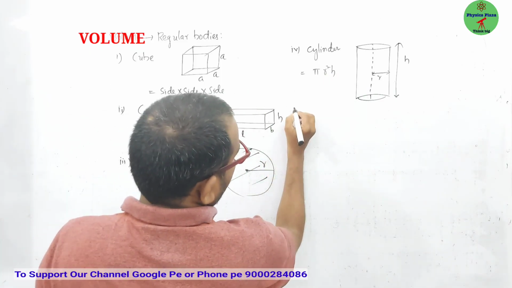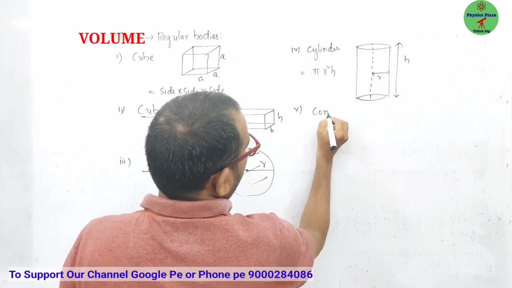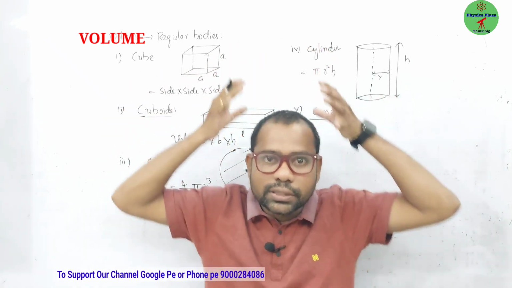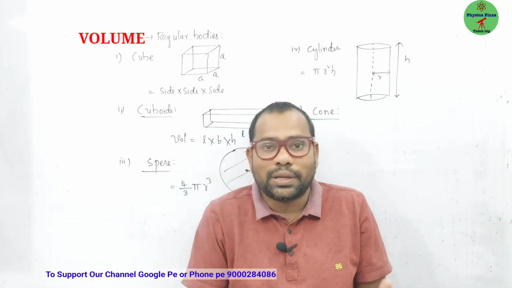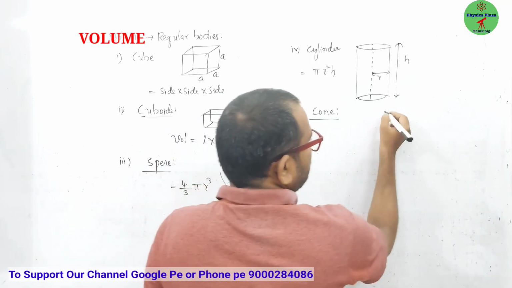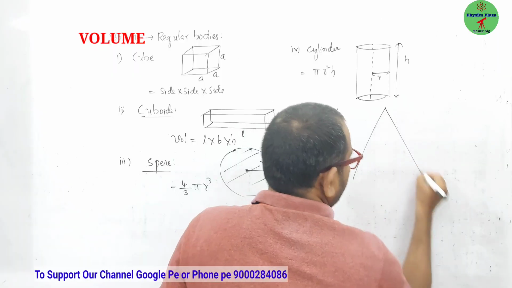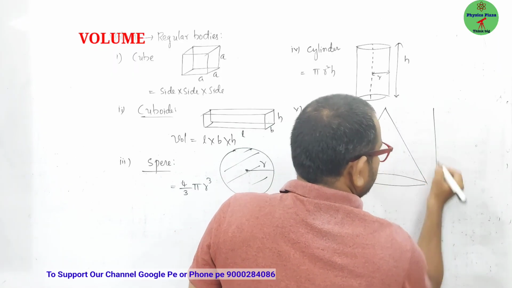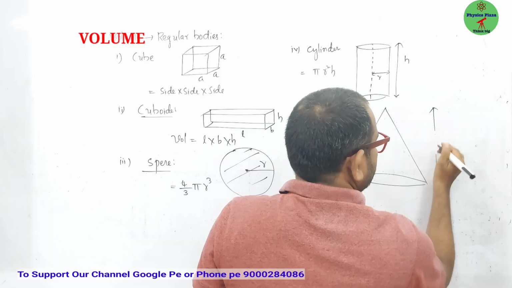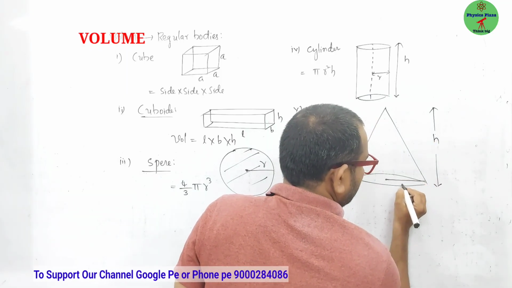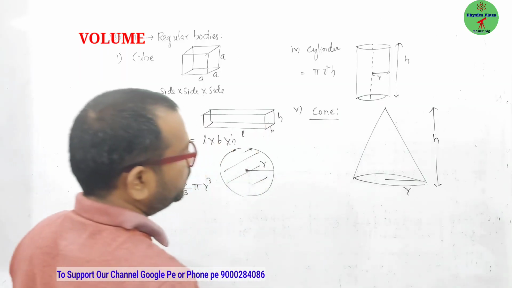And the fifth one, let us take a cone. What is a cone? During birthdays, small children wear a birthday cap type thing, or a mehendi cone, same structure. So here is a cone, dear children. This cone also has some height, let us say h, and some radius, let us say r.